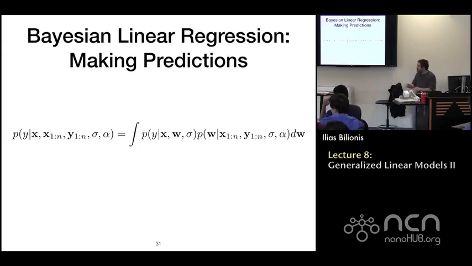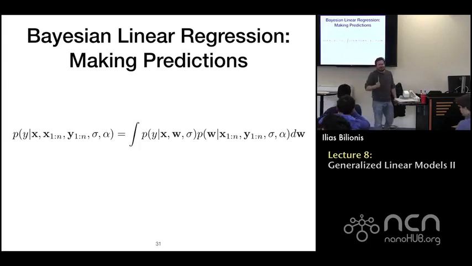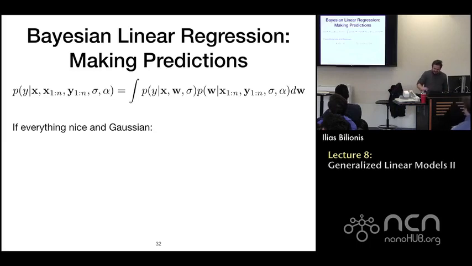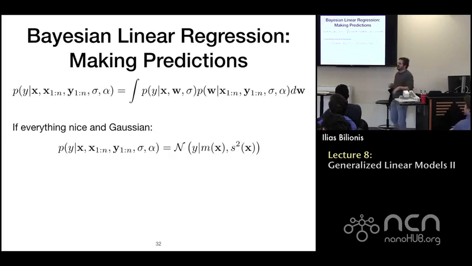All right. Now, we are lucky because this is Gaussian, and this is Gaussian, and Gaussian times Gaussian, integrated over, is going to give us a Gaussian. So you will get a Gaussian for the predictive distribution. You can do all that analytically. I'll give you a homework to do that exactly.